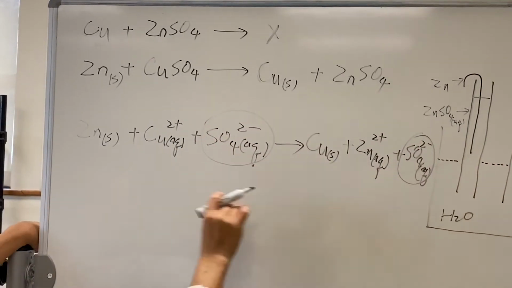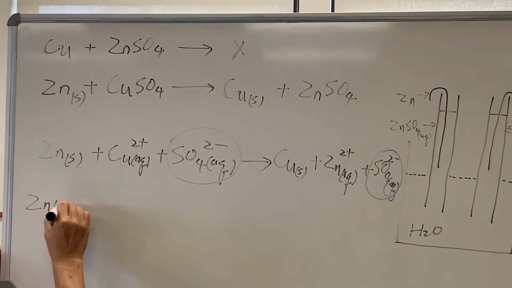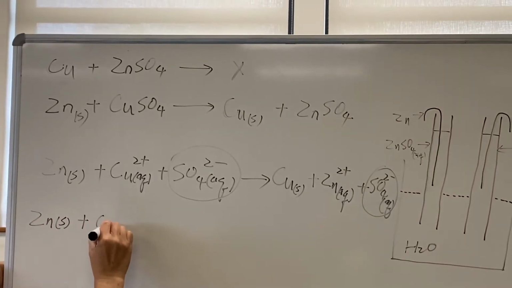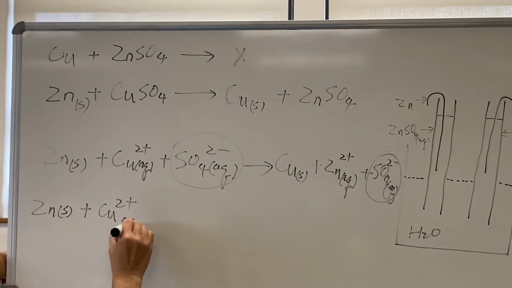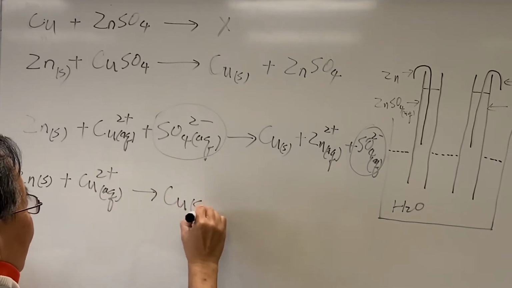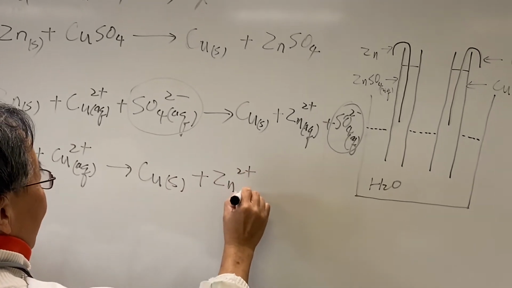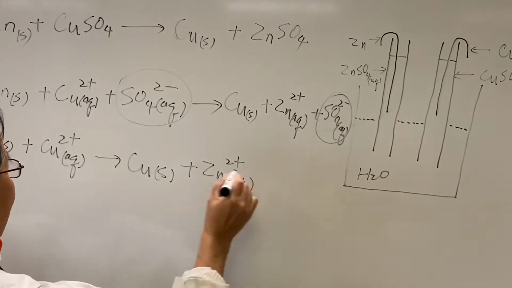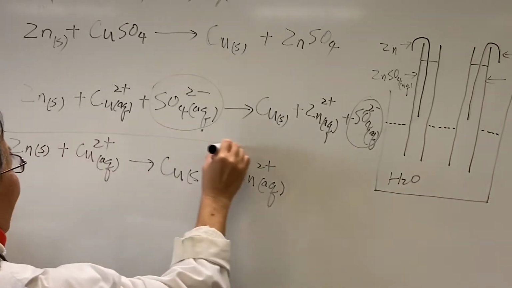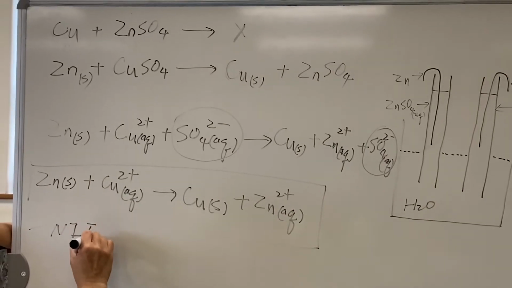Then get rid of it, then your final net ionic equation, it's done. And then you are going to follow your professor's equation. This will be your final net ionic equation.